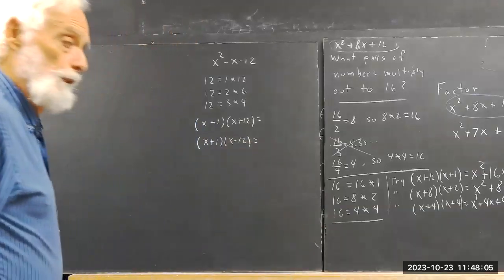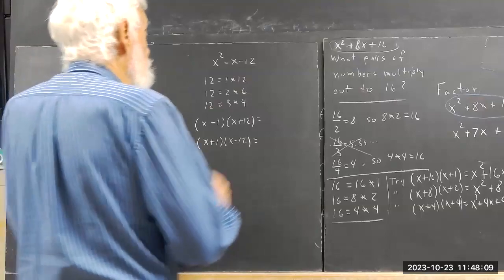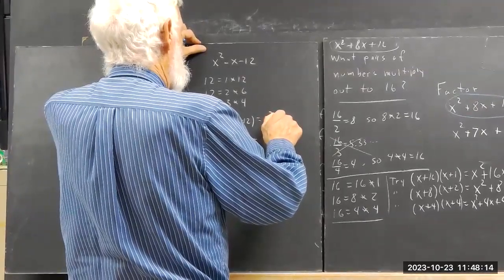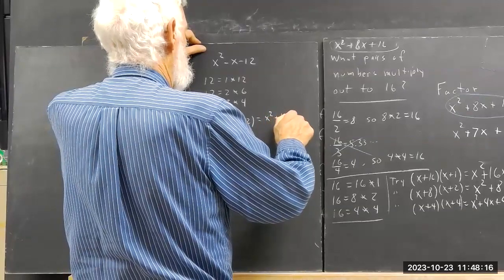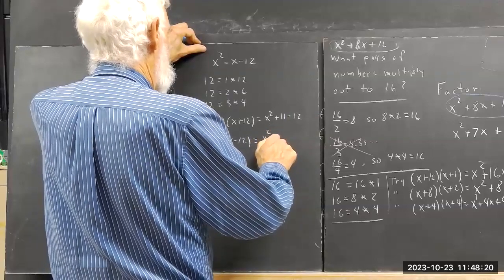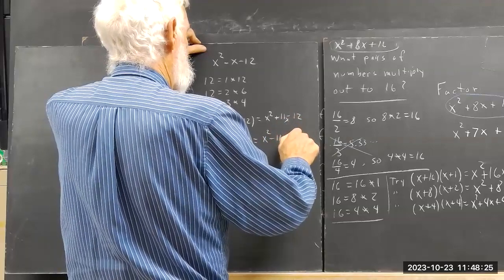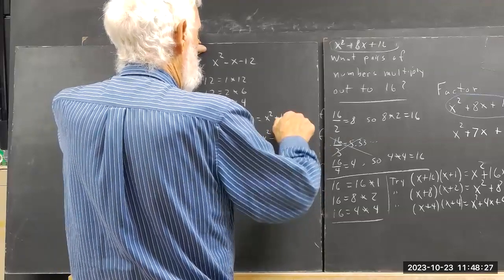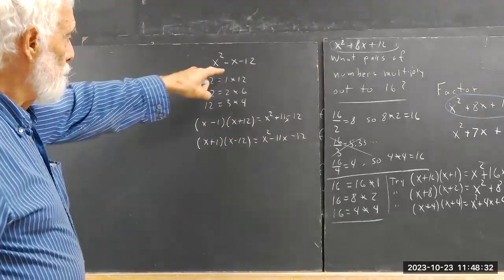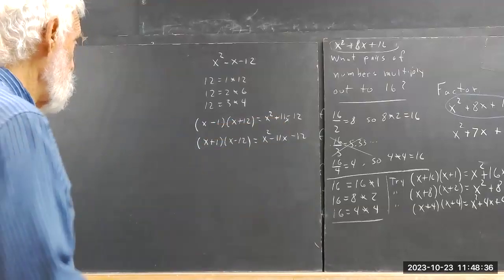Now, without going through all the details, because everybody's doing all right with multiplying these out, you're going to get x squared plus 11x minus 12, and here you're going to get x squared minus 11x minus 12. We forgot to write the x up there. But you see that these don't work because we just want a minus x. We don't want a minus 11x or plus 11x.